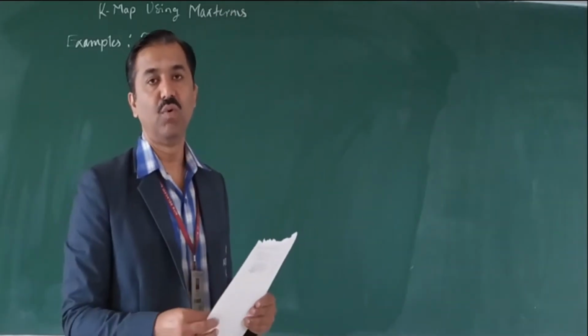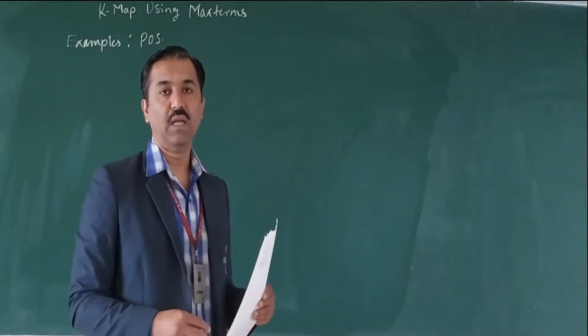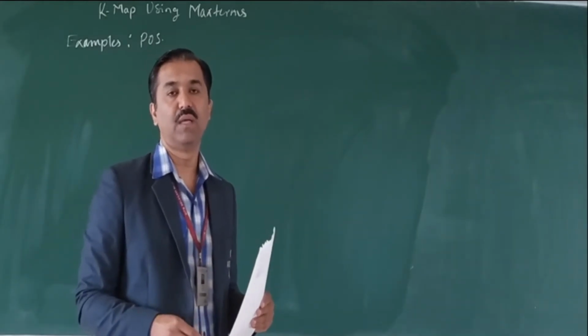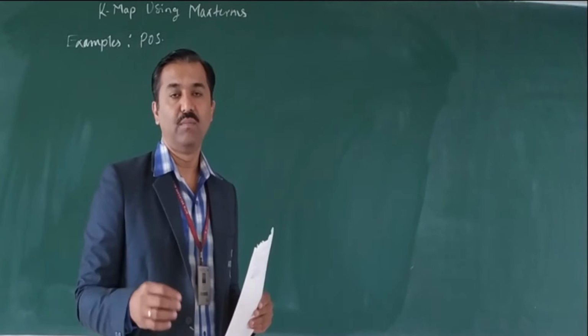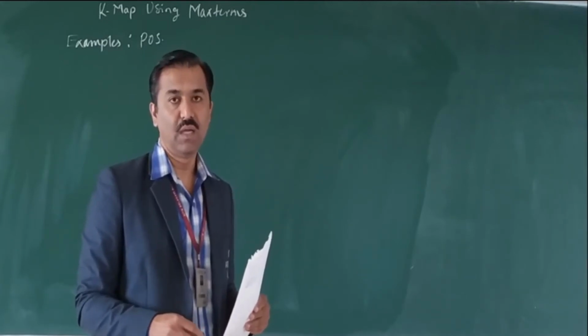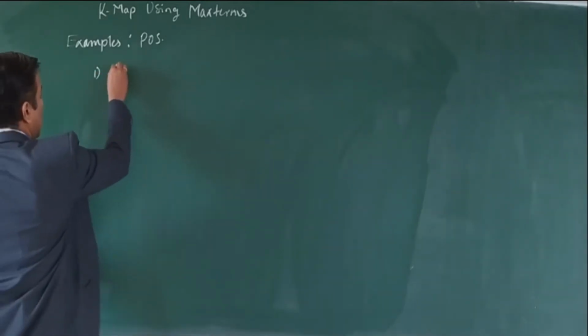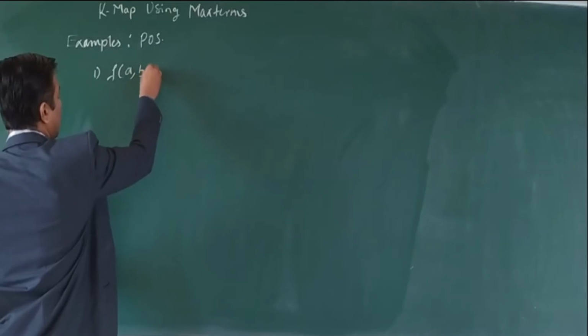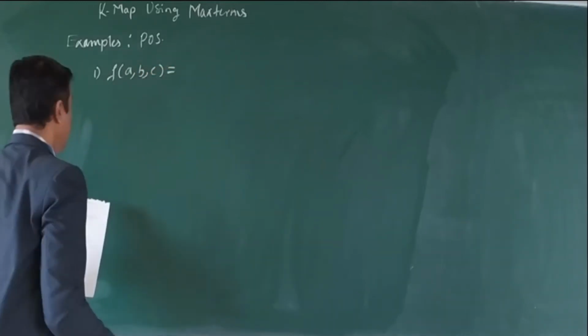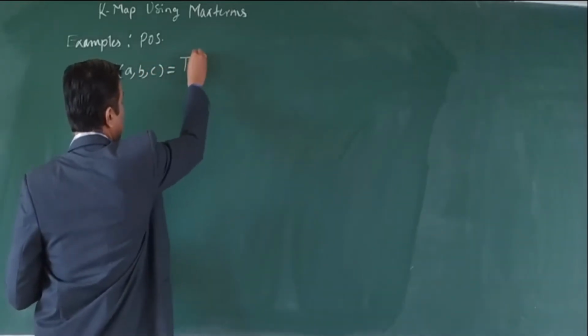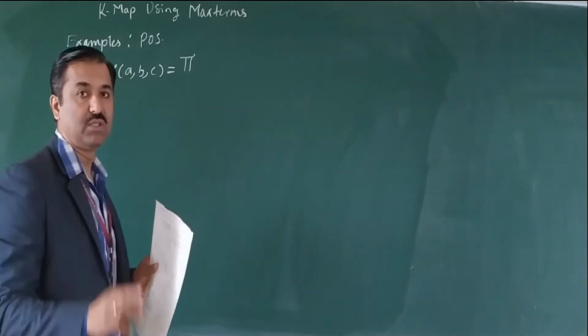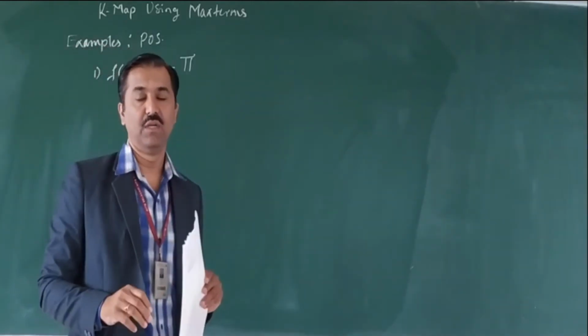Okay, so let us move on in understanding how we simplify the product of sum form expression using K-map. Let us take the first example where we have f of a, b, c equal to the symbol you find here, I have used pi instead of summation.